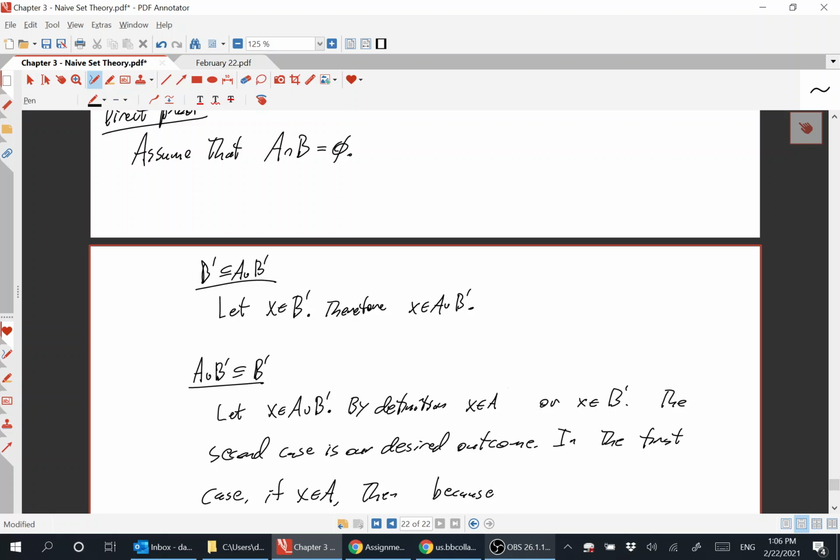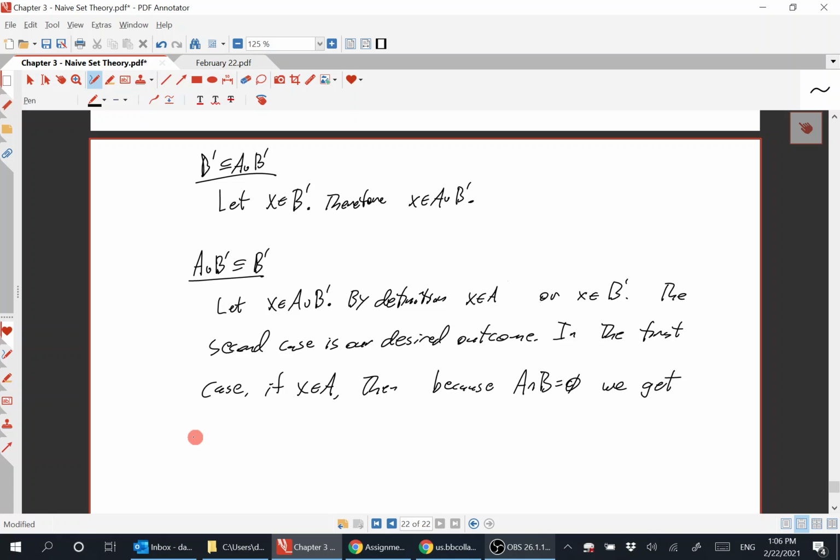A intersection B is equal to the empty set. Because A intersection B is the empty set and X is in A, we get what? X is in A, and A and B don't overlap. So where is X not?